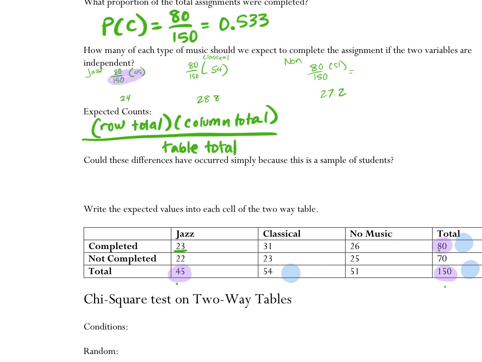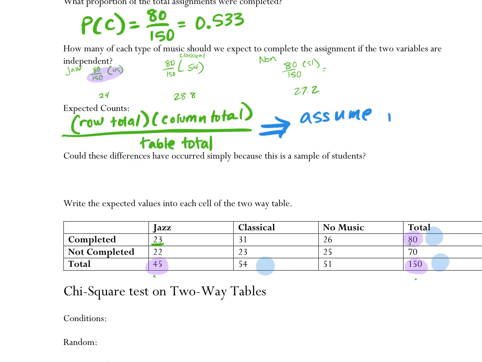And when we do these, all of those numbers came from assuming independence.